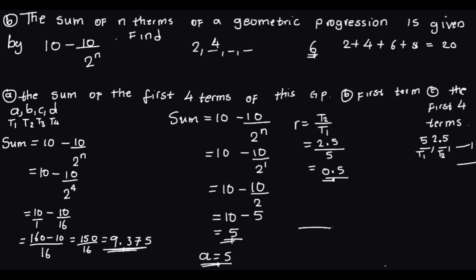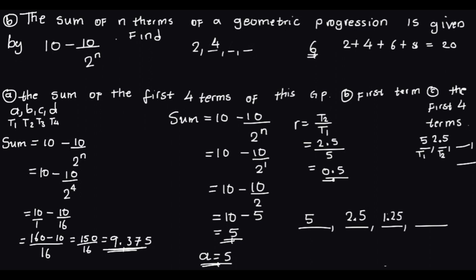So here, if we have first term, second term, third term, and the fourth term, our first term is 5. So if we multiply 5 times 0.5, we get 2.5 here. Then 2.5 times 0.5, we get 1.25 as our third term.